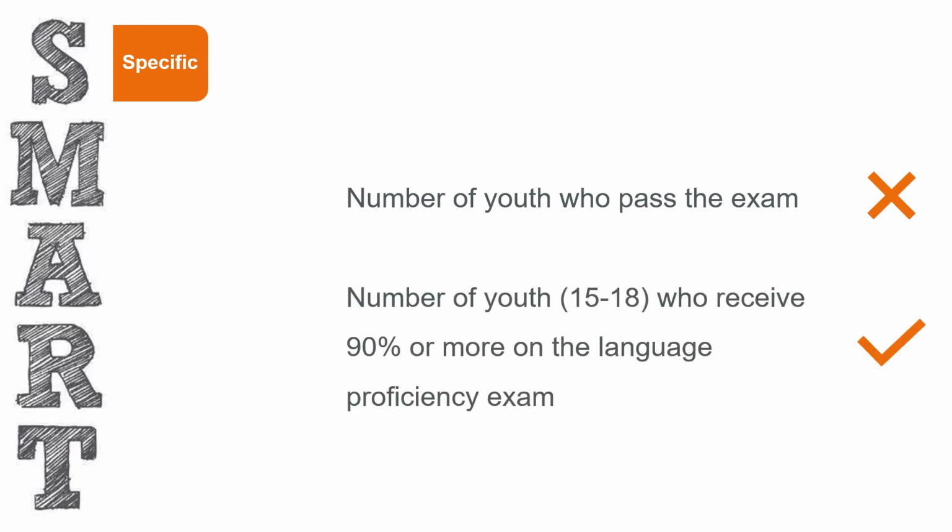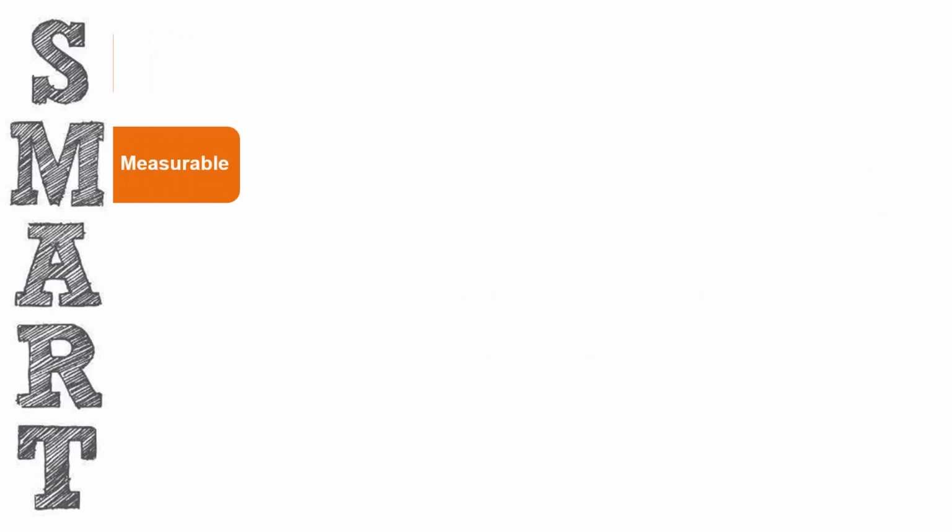Whereas the indicator "number of youth, 15 to 18, who receive 90% or more on the language proficiency exam" specifies both what we mean by youth, ages 15 to 18, and what passing the exam means, receiving a score of 90% or more.